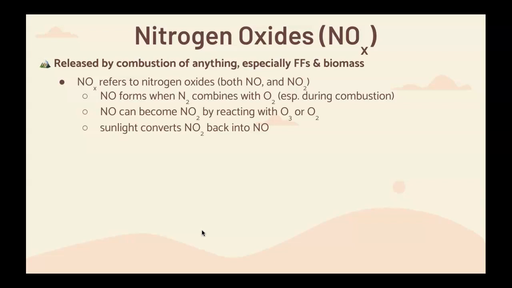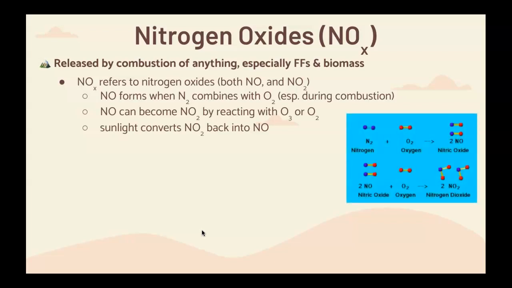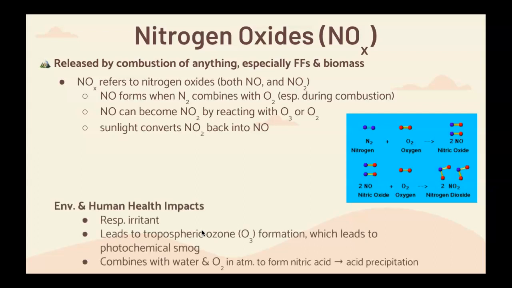And then there's a process that we'll talk more about, where sunlight converts nitrogen dioxide back to nitrogen oxide. And that's just your chemical illustration of what that's talking about.